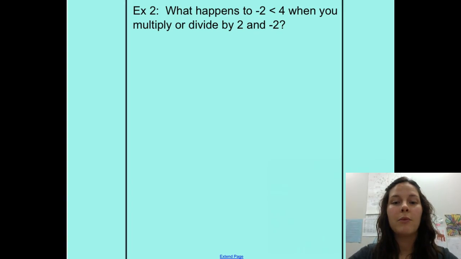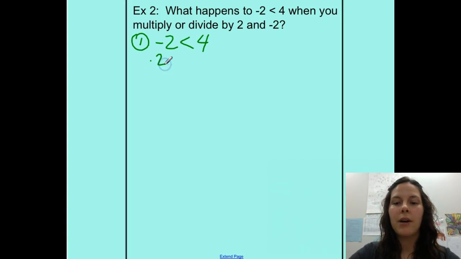Next, we're going to see what happens when we multiply or divide that inequality by a positive or negative. So first of all, setting up our inequality, multiplying both sides by a +2, we get -4 is less than 8, which is also true.